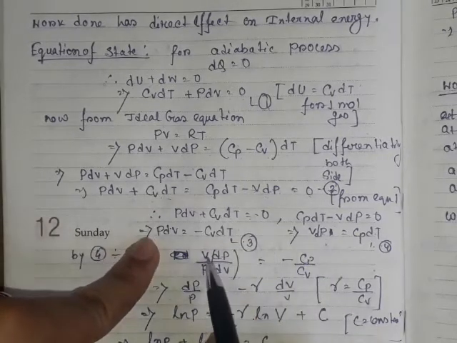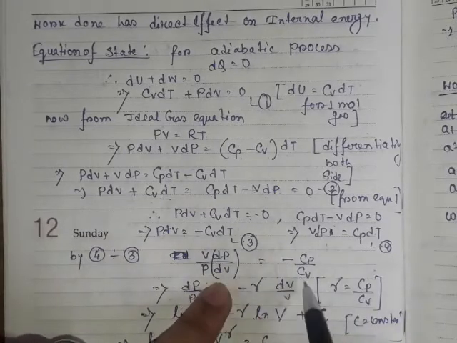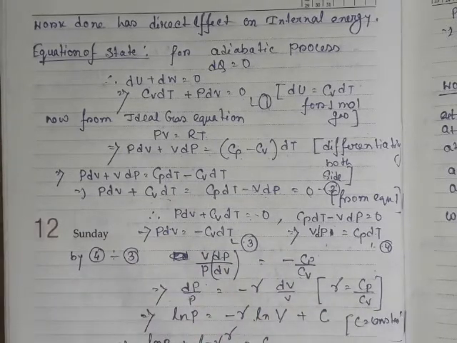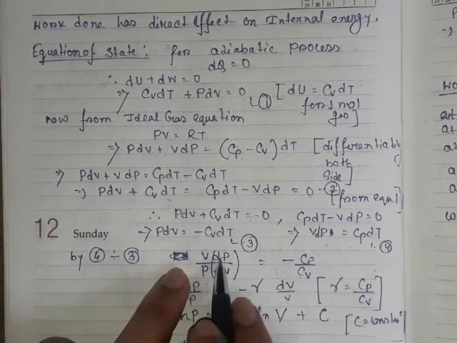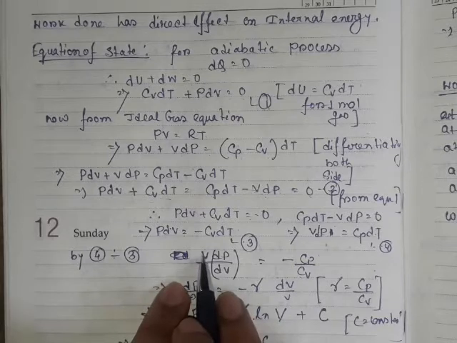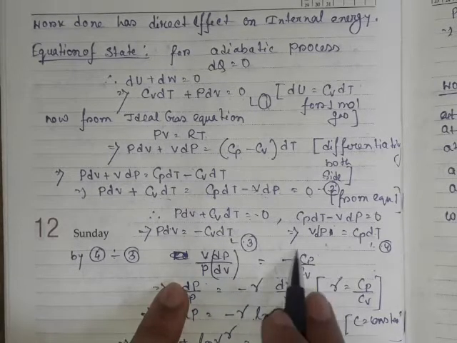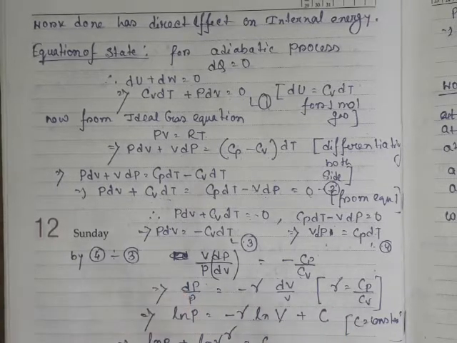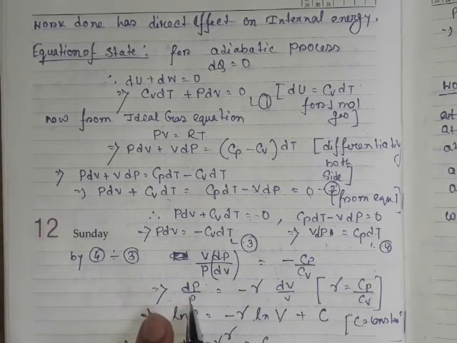So you will get V by P times dP by dV equals minus CP by CV, and CP by CV is our gamma, the ratio of the two molar specific heat capacities. Just rearrange this term again: take dP by P here and take V by dV to the right, and you will get minus gamma, that is CP by CV, times dV by V. Now just integrate both sides of the equation.